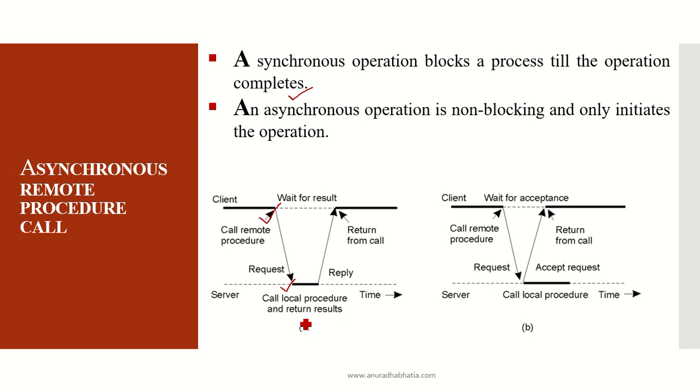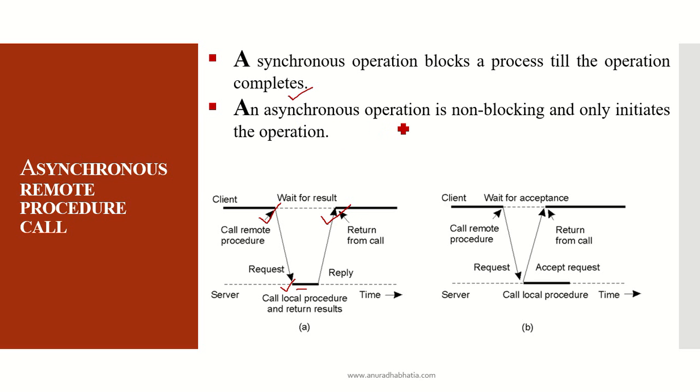The local procedure on the server side, as a server stub, executes my function or procedure, and after it is completed, it gives me a reply back. The server stub replies back, comes to the client stub, and we wait for the answer over here. This is my synchronous operation of processes in RPC.